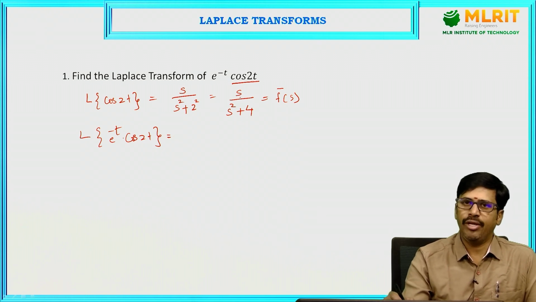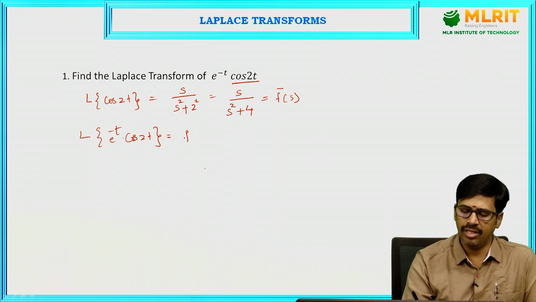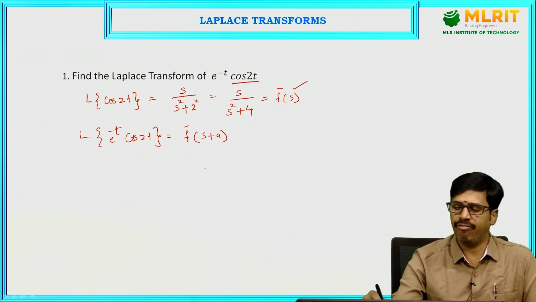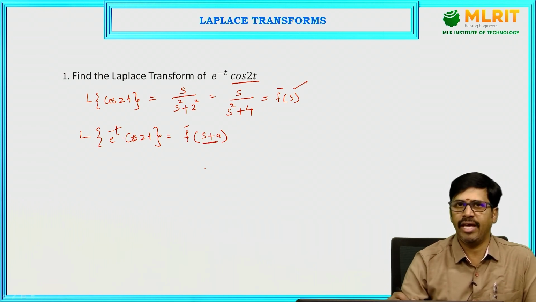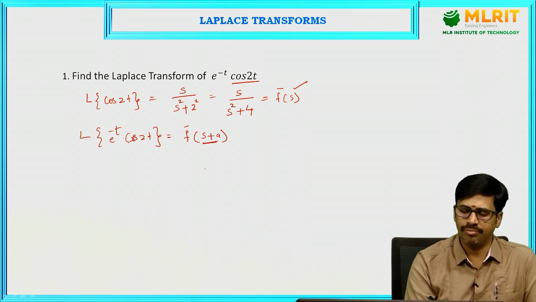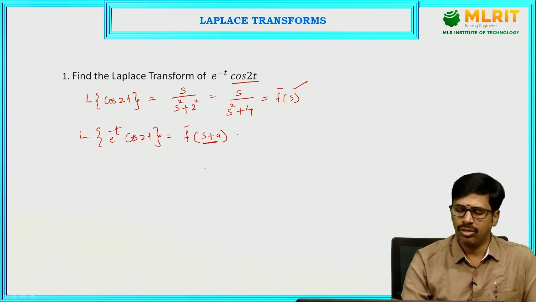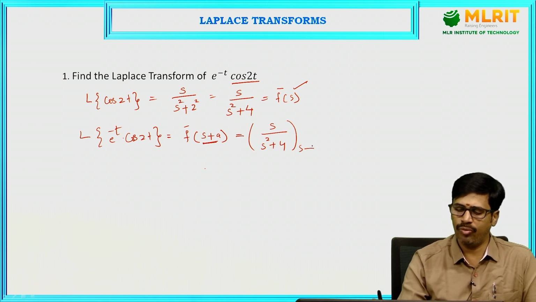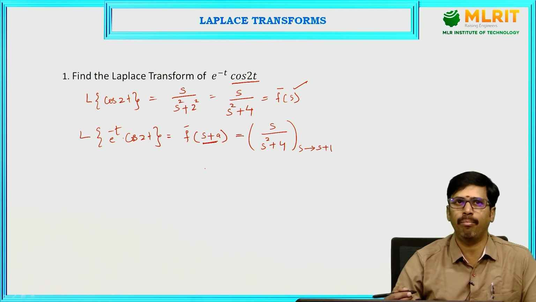Whatever function you get, F bar of s, as per the first shifting theorem, what can we say? This can be written as F bar of s plus a. In place of s, you are replacing with s plus a. Here a means what? E^(minus at), a means 1. So s upon s square plus 4, just replace s with s plus 1, because for e^(minus t), a is minus 1.